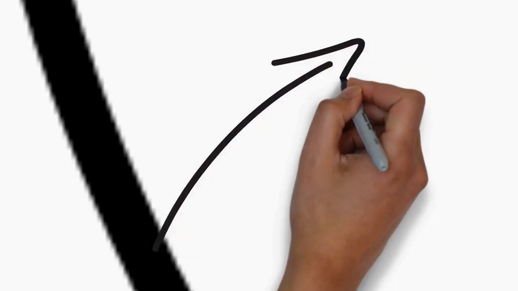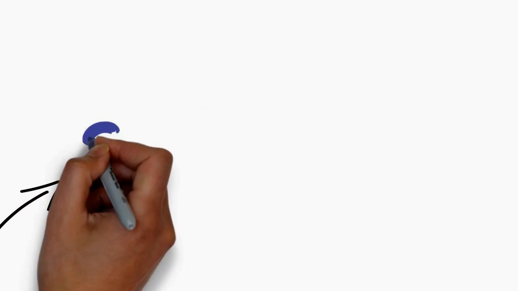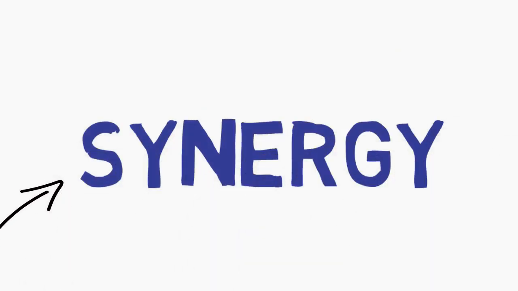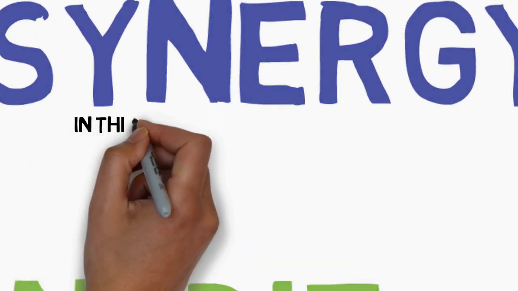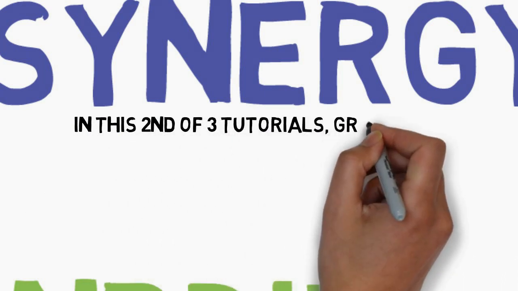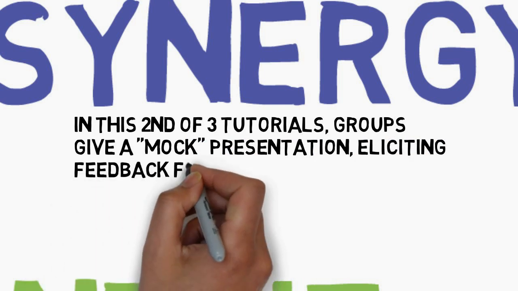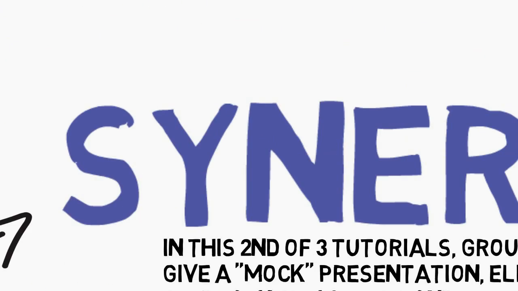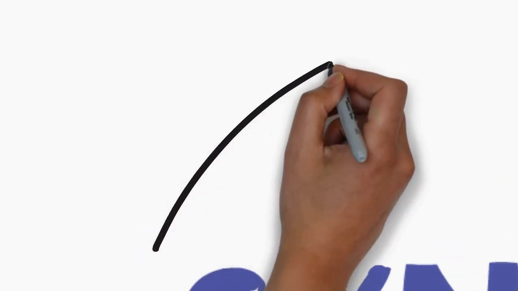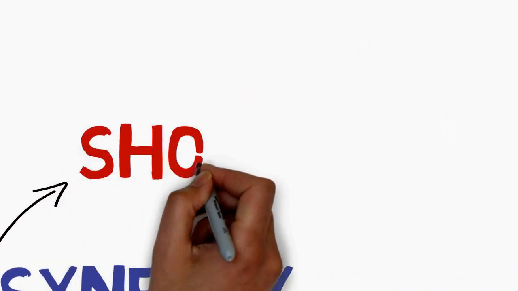Sandpit will be followed by synergy. And in this synergy tutorial, which is the second of 3 tutorials, what's going to happen is that groups will give a mock presentation, eliciting feedback from peers and from the tutor. The third of 3 tutorials will be what we refer to as a showcase.